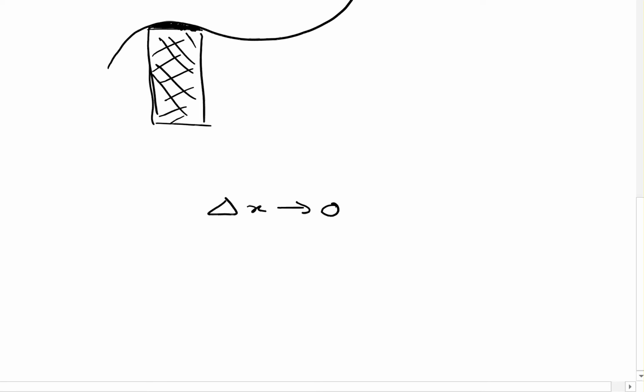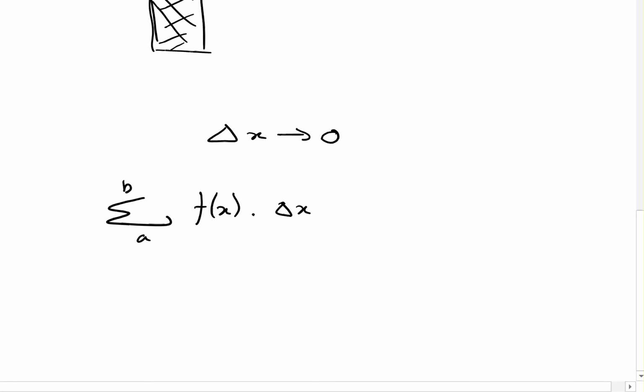Okay? So in order to do that, we're going to show that with our notation. Remember before we had the sum from a to b of f of x times our change in x. Well, now the change in x is going to be so small, so nearly 0, that we're still going to show it as delta, but by dx.